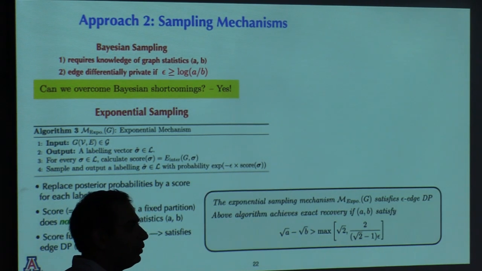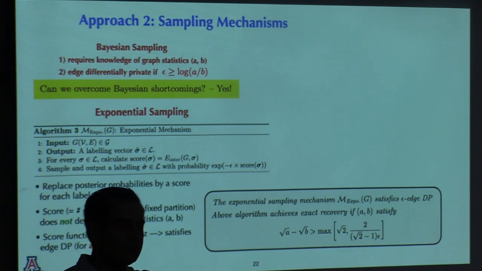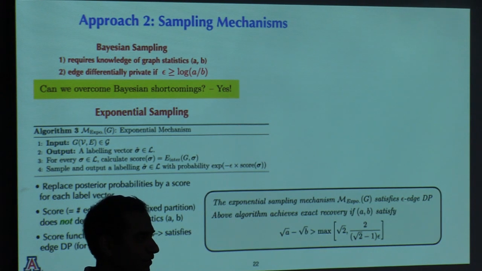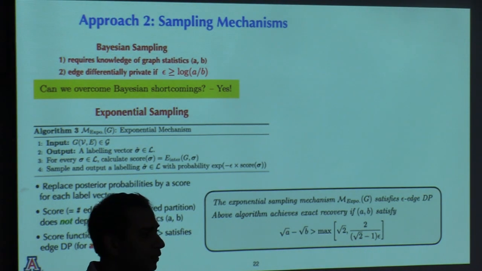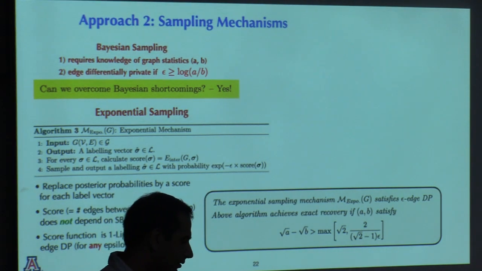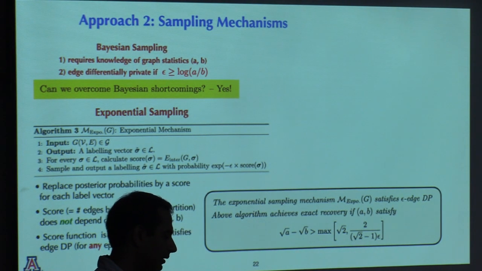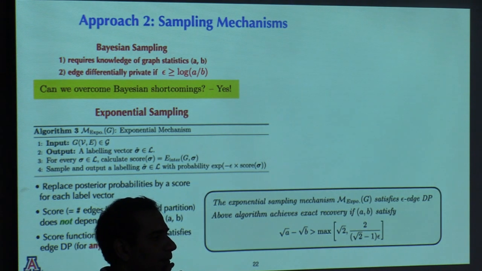The utility of the algorithm is driven by the underlying statistics of the graph. So the graph is balanced, half-half in each community. When you analyze it, if the graph is drawn with half-half, then this true realization will not happen with very high probability.